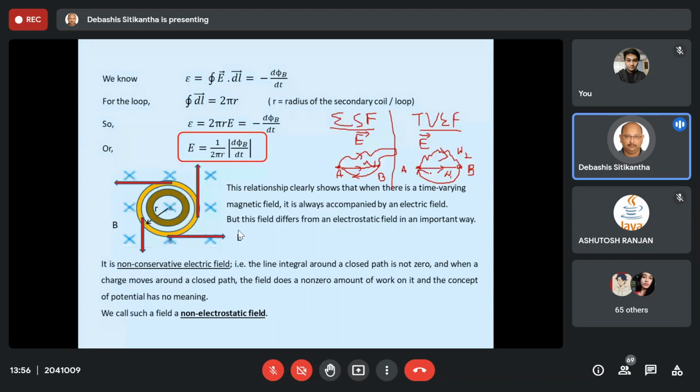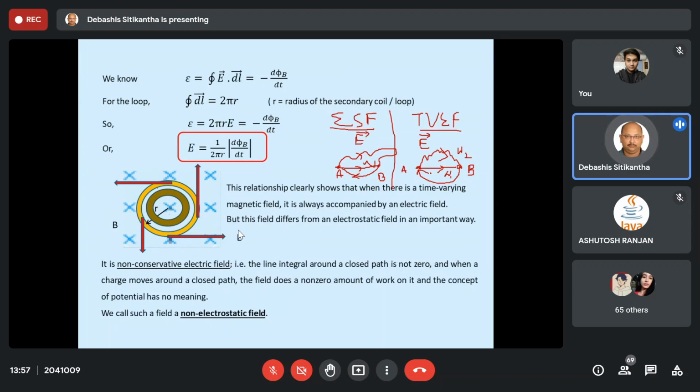One of them is a conservative field, the other one is a non-conservative field. Conservative field, it is electrostatic. Whatever path you are taking, work done will be same. And if you return to the starting point, the work done is 0. Time varying electric field, the same symbol, but it is a non-conservative electric field, or rather we'll say non-electrostatic field.